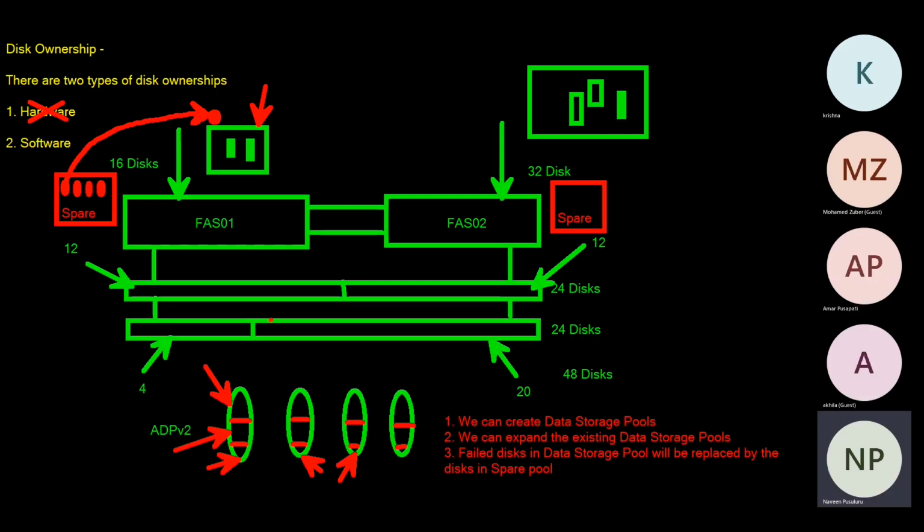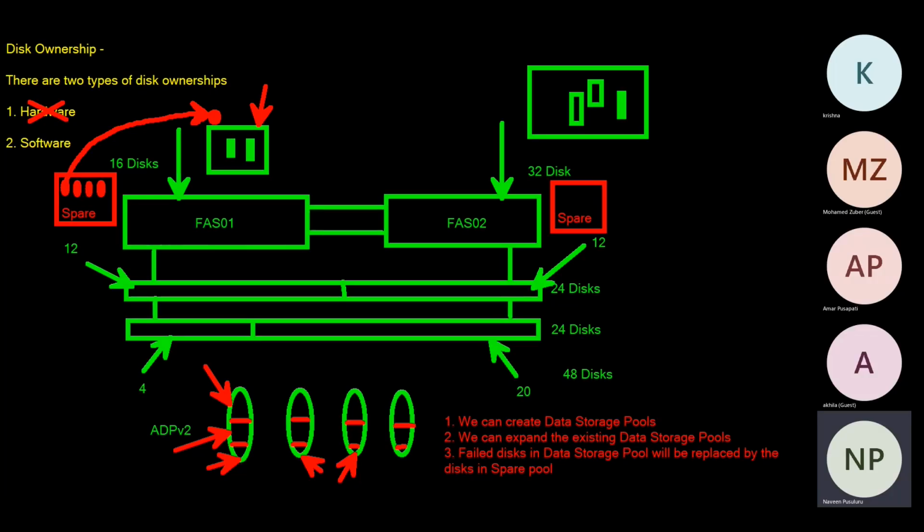You know, we already have RAID protection, so there is no data loss, and RAID will do its calculations and copy the data to the newly replaced drive. This is the third option. These are the functionalities of the spare pool.